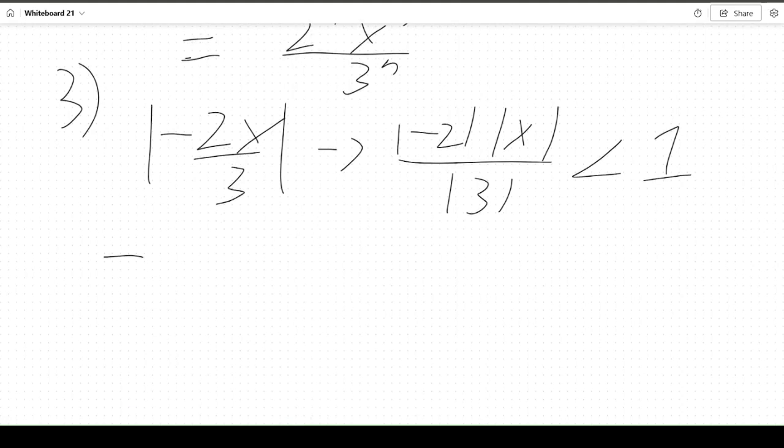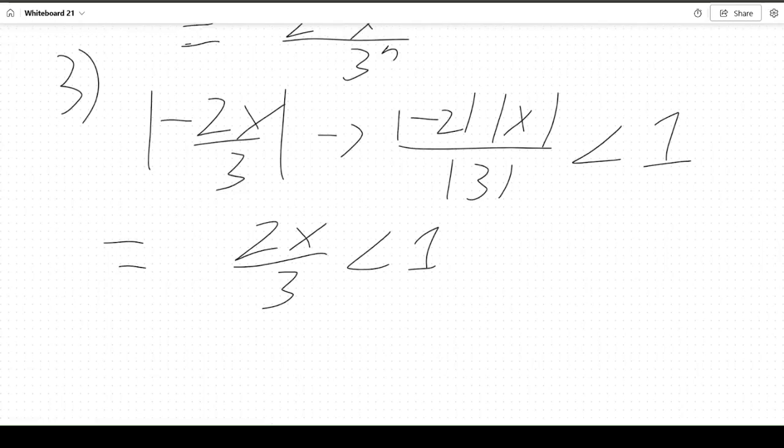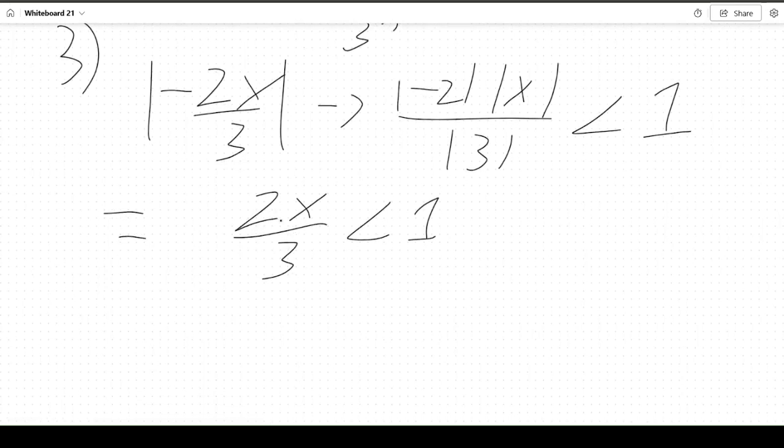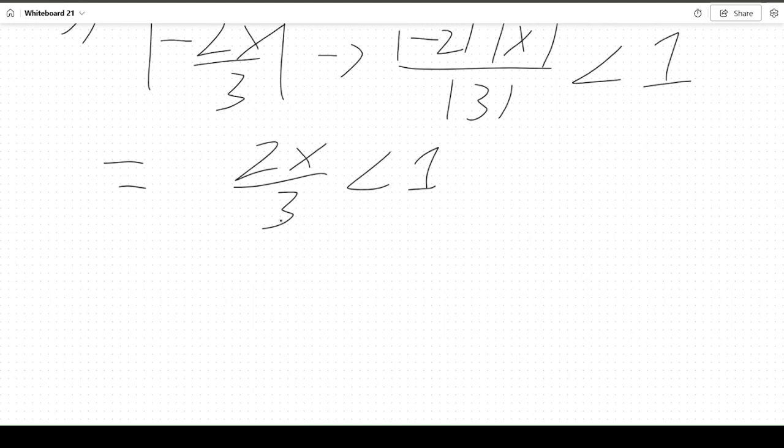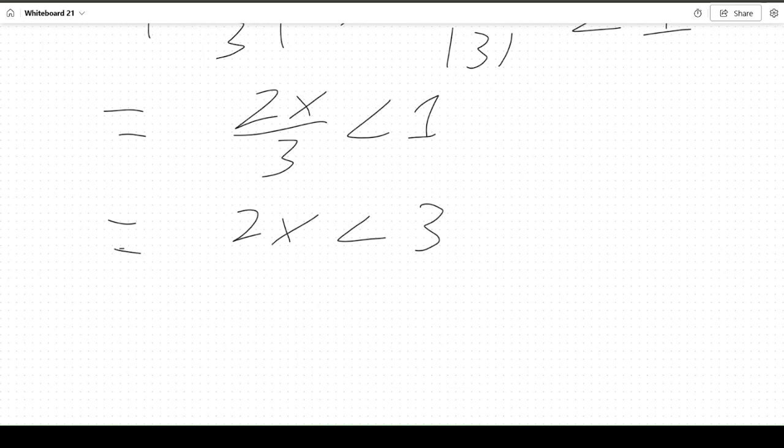Now we have to redefine this, and we got 2x over 3 less than 1. Now we have to take out all this stuff so it looks fancy. So we got 2x, multiply the 3 by each side, and this would be 3. We divide it by 2, and this would be 3 over 2.